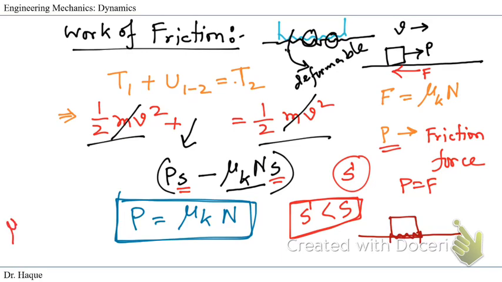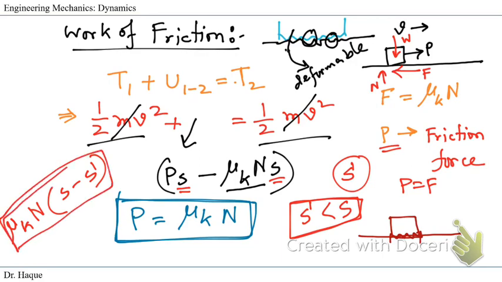So we will have the frictional energy: kinetic coefficient of friction, the normal force, which is the reaction from the weight of the box, and due to localized deformation, we will have the actual energy of friction.